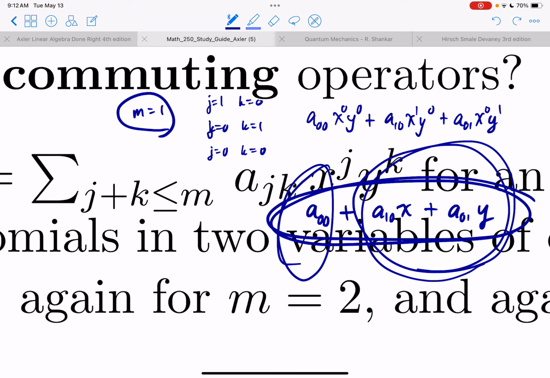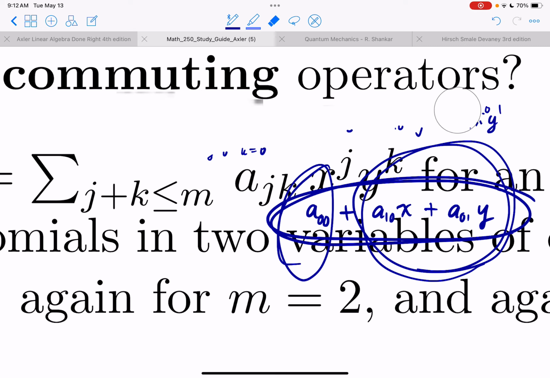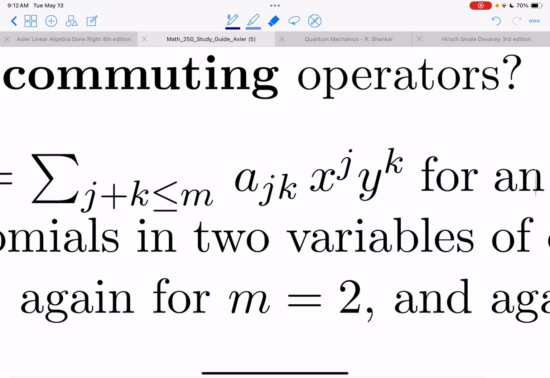For a human, we think about the case for m equals 1 as degree less than or equal to 1. That means I can have a constant term, an x, and a y term. And I'm just naming these coefficients, which are numbers like 3, 4, 5, pi, 17, 1/2, according to the convention a_jk.